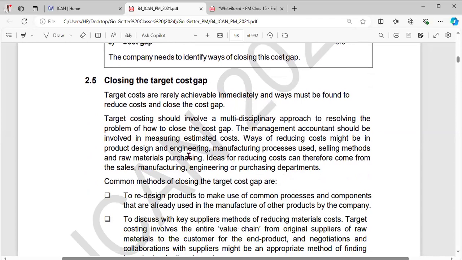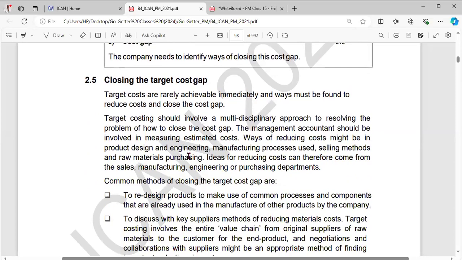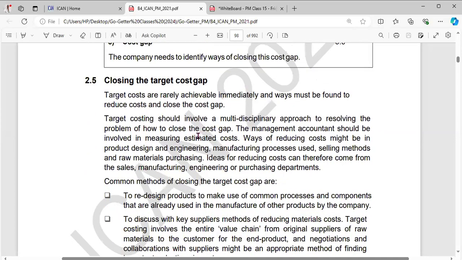Target costs are rarely achievable immediately, and ways must be found to reduce cost and close the cost gap. Target costing should involve a multidisciplinary approach to resolving the problem of how to close the gap.